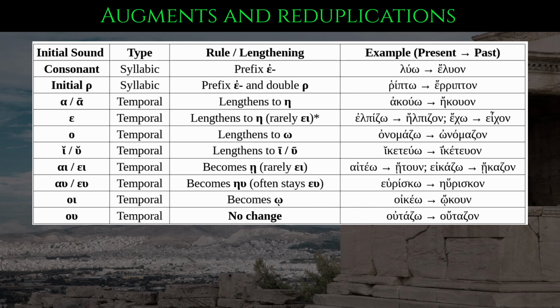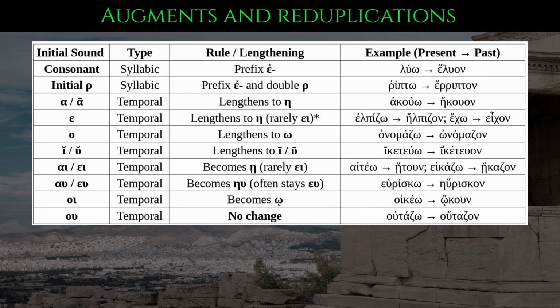For example, lyo becomes elyon. If, however, it starts with rho, then it is almost the same, except that we are doubling the rho. But the prefix e still remains. For example, rhipto becomes erhipton with a double rho.